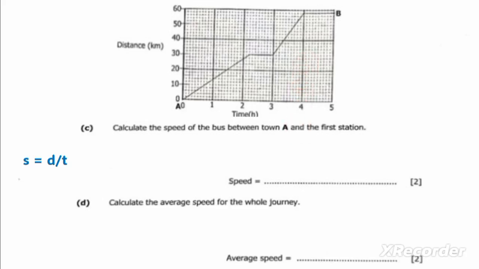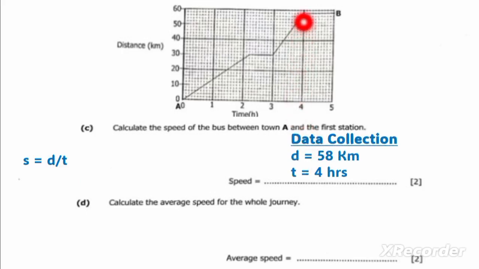So this is the formula that we are going to use again. Average speed is equal to total distance divided by total time. Data collection: the total distance is 58 kilometers. The total time is 4 hours.